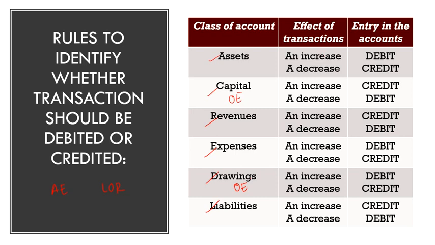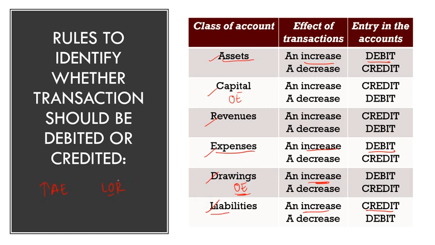So the effect dia, when asset increase you akan debit. Asset increase, debit. Expenses increase, debit. Liability increase, credit. Owner's equity increase, debit? Debit ke?